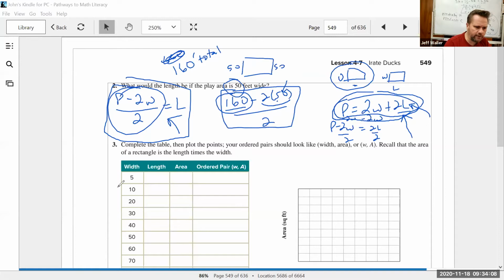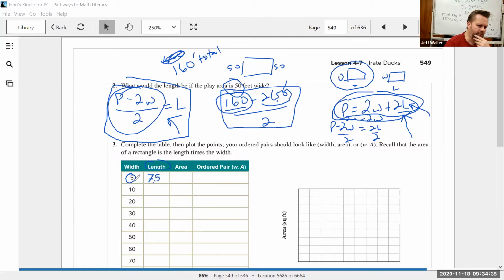I can't quite see all of it, but it doesn't really matter. So if the width is 5, we already figured out in number 1 what the length was going to be, right? Does somebody remember what that was? 75. Thanks, kids. And to be honest, there's a quicker way to figure out what the length will be.